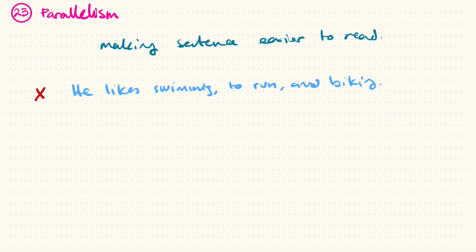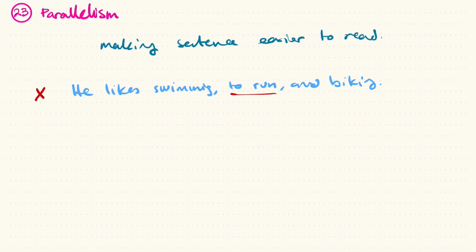Why? Because here "to run" we're using a different form than the -ing form. We're using the to-infinitive form essentially. So to fix this, you write "he likes swimming, running, and biking." So that is the parallel structure.